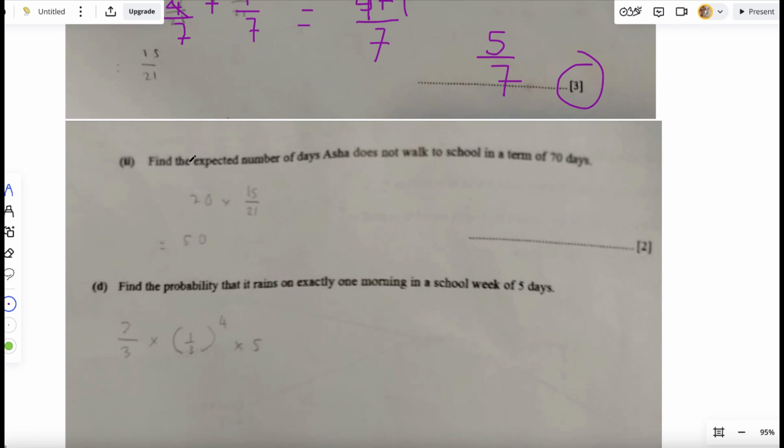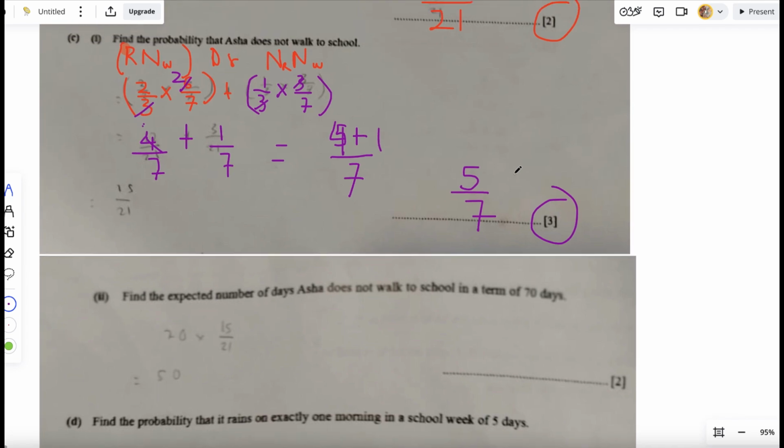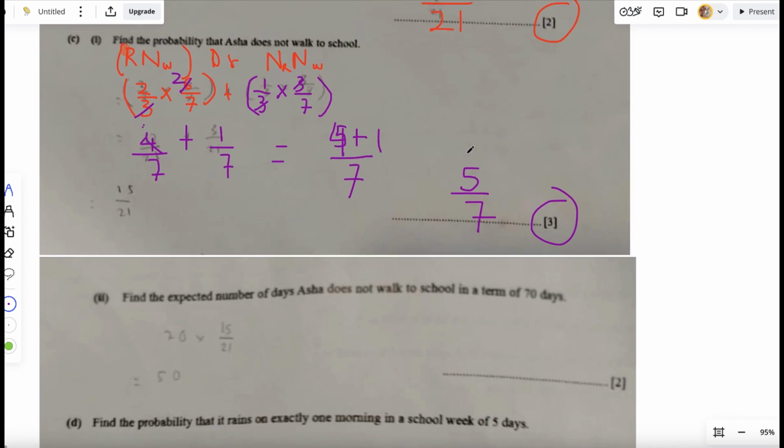Now find the expected number of days Aisha does not walk to school in a term of 70 days. You know, we already got the probability of not walk to school.